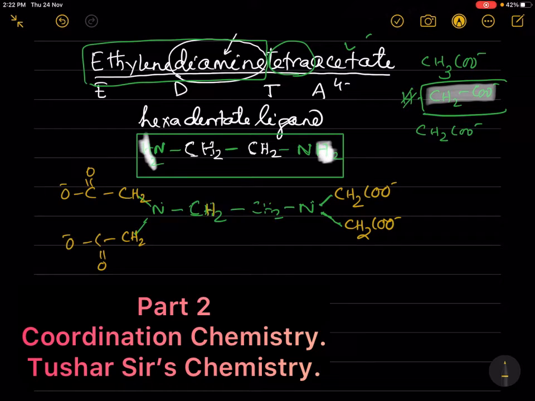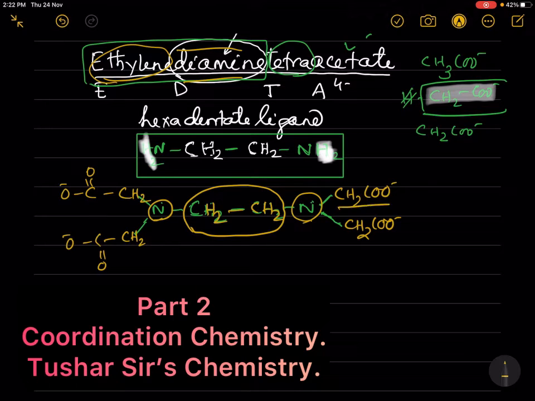This is ethylene, this is diamine, tetra, acetate. This is popularly known as EDTA 4 minus.